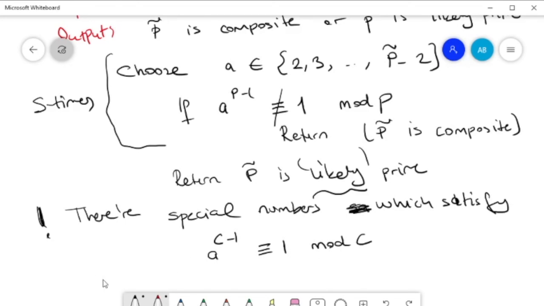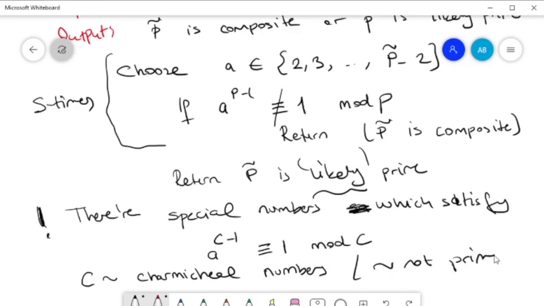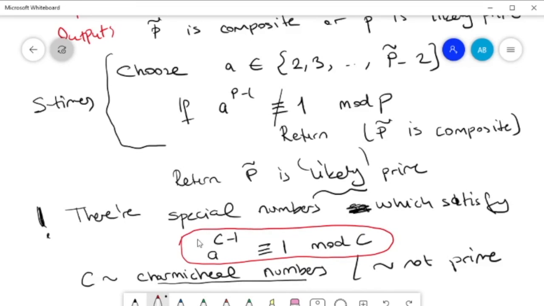These numbers are Carmichael numbers. They are not prime, but they still satisfy this. We call them Carmichael numbers. There are many of them when you consider big numbers.